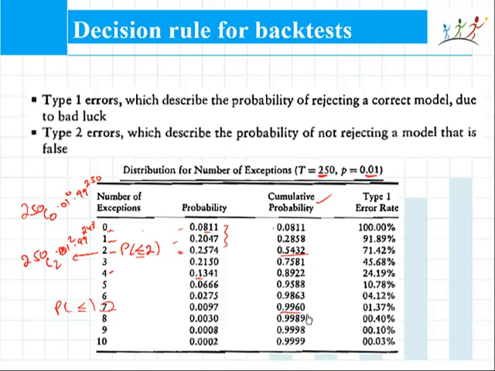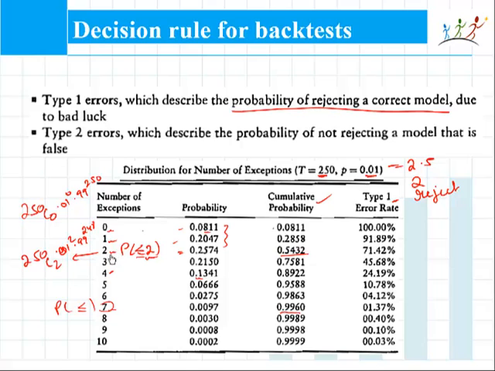So if, for example, we see 2 exceptions in the model, in this model where the expected number is 2.5, and we in some particular case see exactly 2 exceptions and we reject the model, what is the probability that we are making a type 1 error? Type 1 error is the probability of rejecting a correct model.